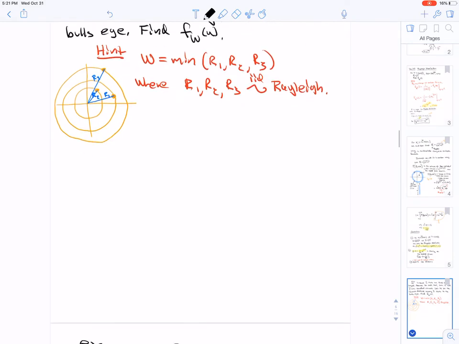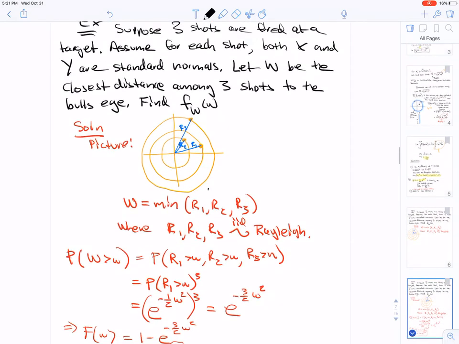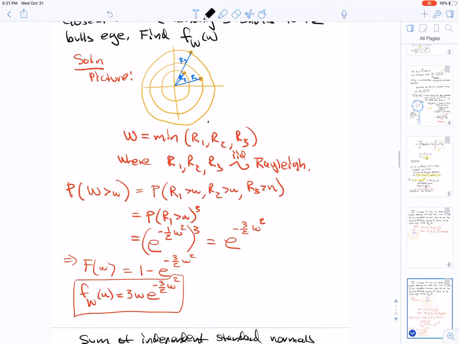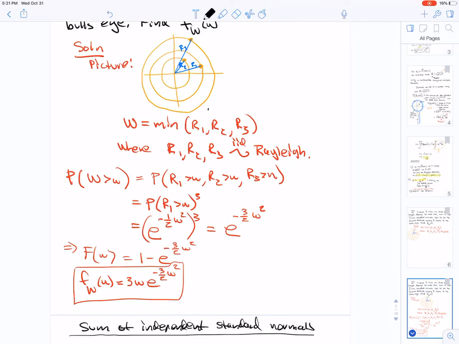And right, so you can solve that here. So one way to do it is to use the CDF.